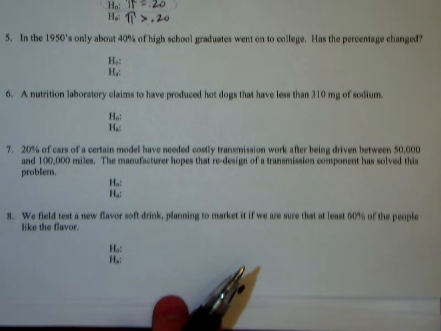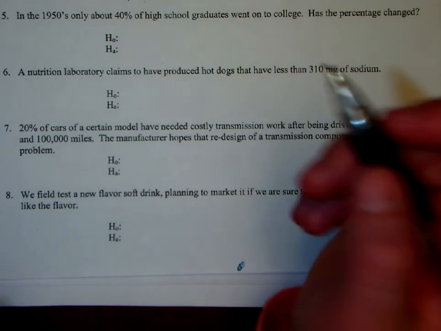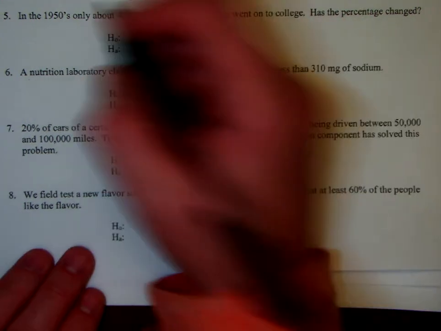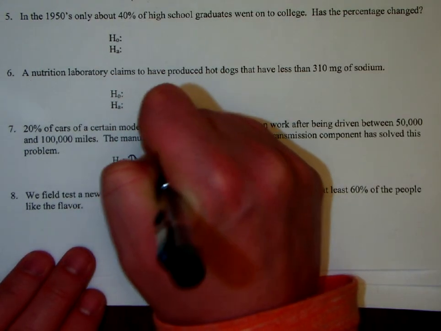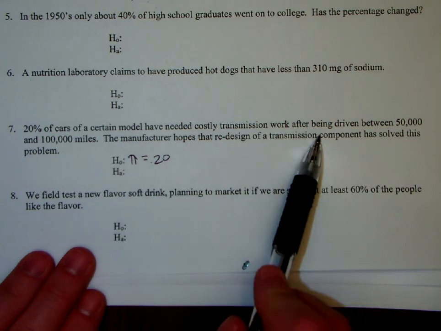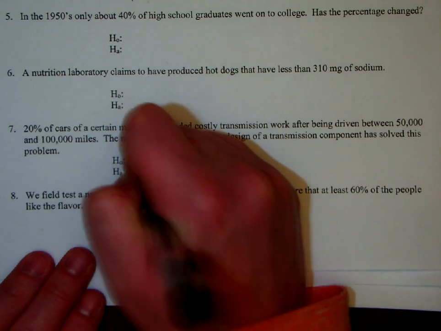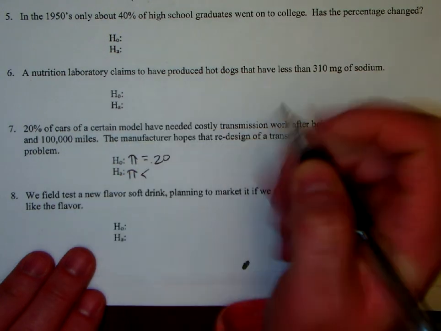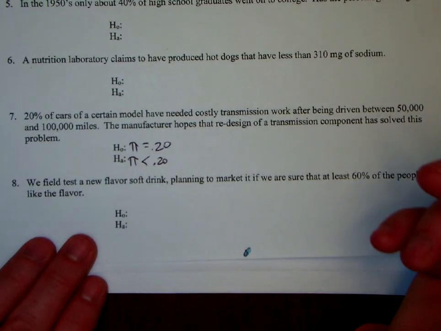There's one with the transmission, here's a good one. And this is another pi. Here it is. So pi is equal to, turns out it's 20% again. So the manufacturers hope that they redesigned the transmission component and they've solved the problem. So if they've solved the problem, you're going to get less than 20% of cars needing this.